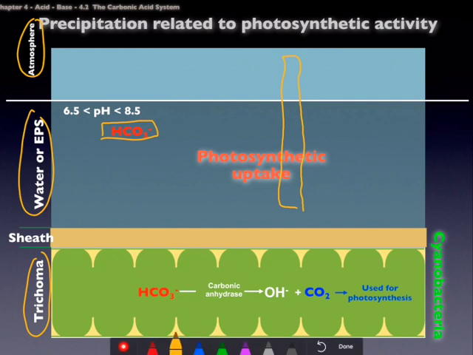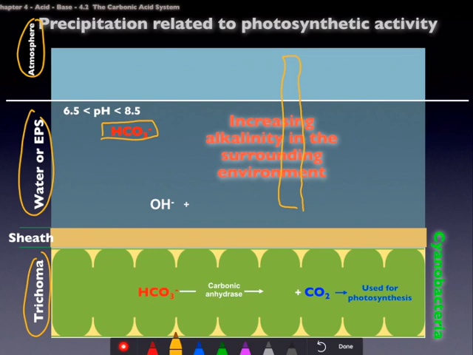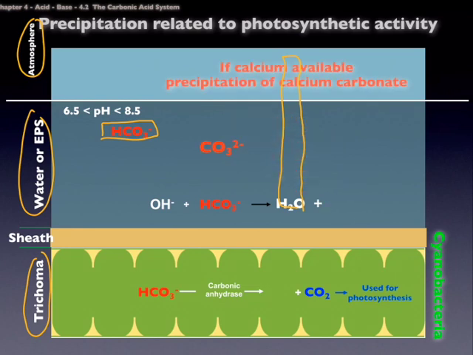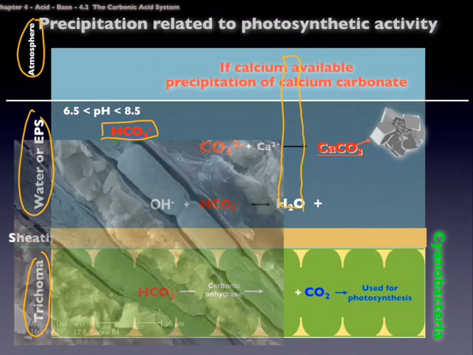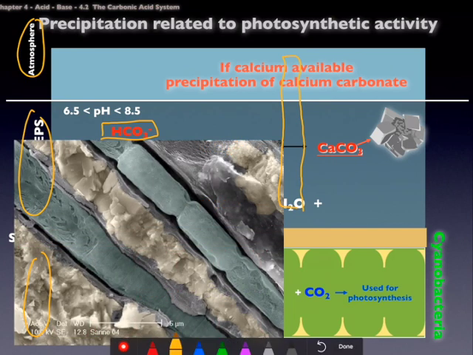The CO2 will be used for photosynthesis, and the hydroxide will be released in the surrounding environment of the cyanobacteria and interact with the bicarbonate to form water and carbonate. If you have calcium in solution, you can precipitate calcium carbonate. So this is how you precipitate the calcium carbonate around filamentous cyanobacteria, forming a crust.